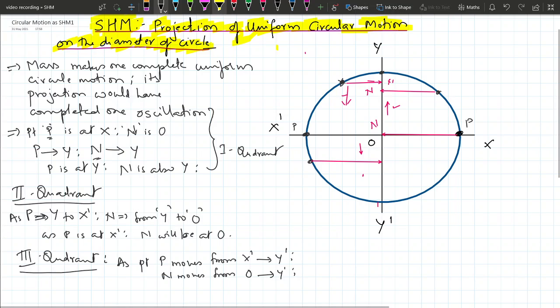Okay, got it? This is the projection N. Now whenever the point P was at X dash, the projection was at N. When the point P enters into the third quadrant, the projection will move from origin in the downward direction.